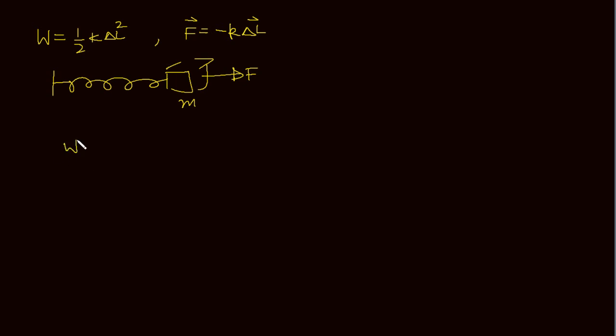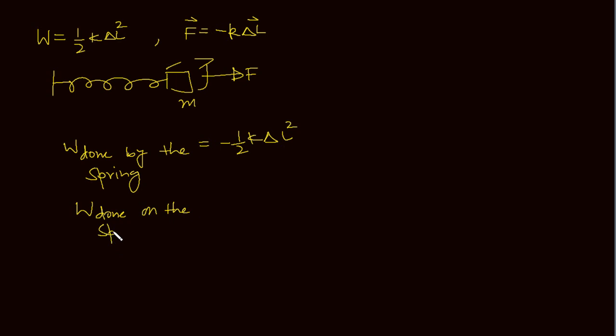So work done by the spring will be minus half k delta L square, and work done on the spring is plus half k delta L square.